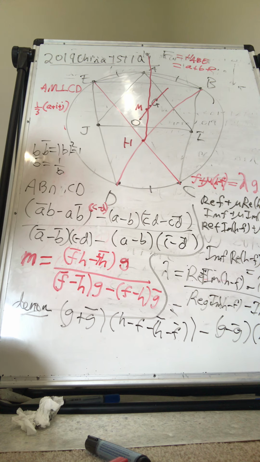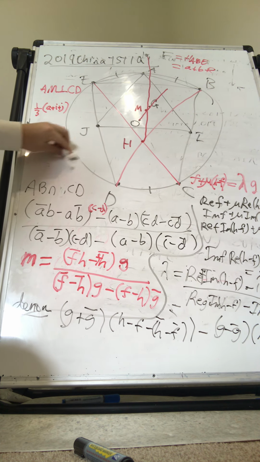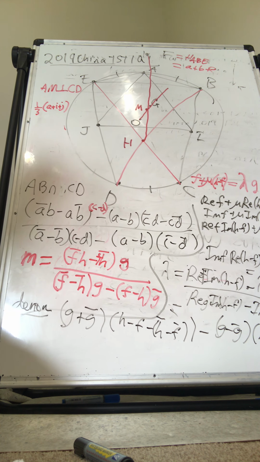So maybe we can write that down. By A, B, C. So what are we doing? We're doing E, B... So EC intersect BD, right? Yeah.